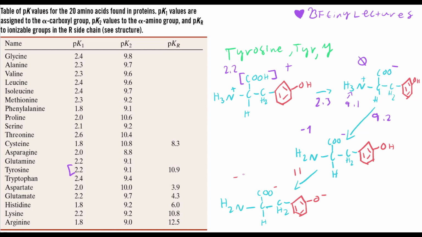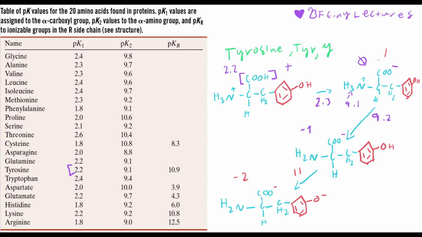So overall, you have a net charge of negative 2. Well, that's not really good, is it? Because you want the amino acid to be electrically neutral. So you pick the compound that has a net value of 0, which is this guy right there.